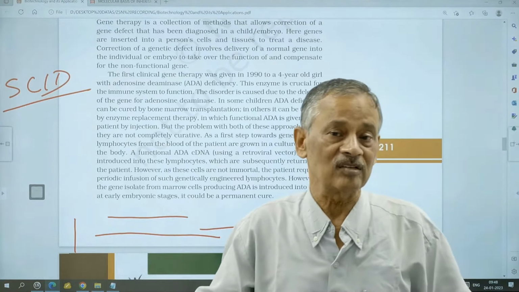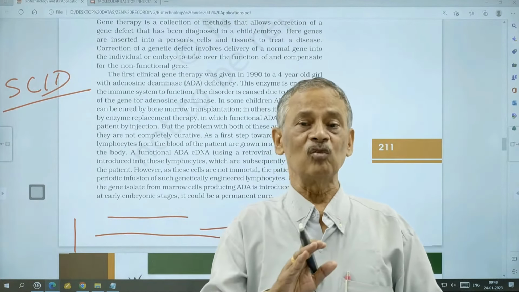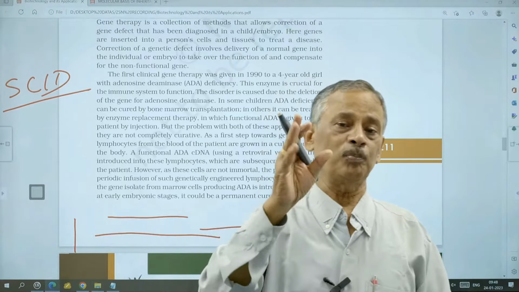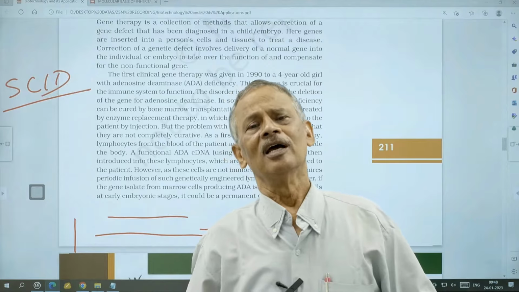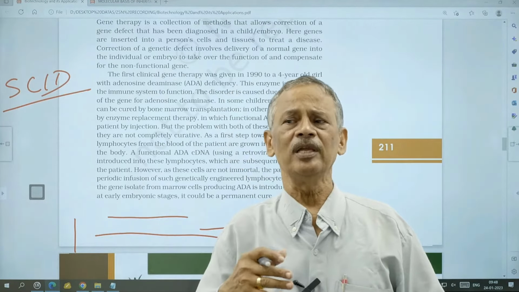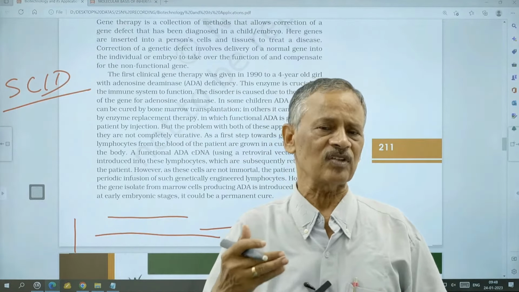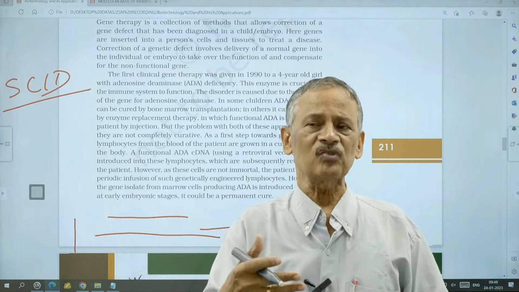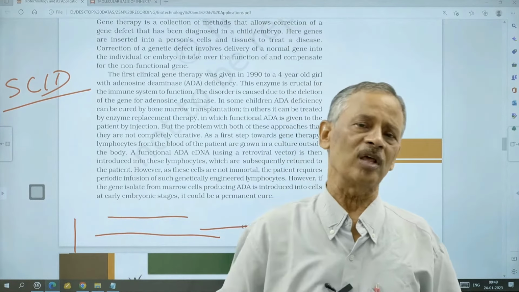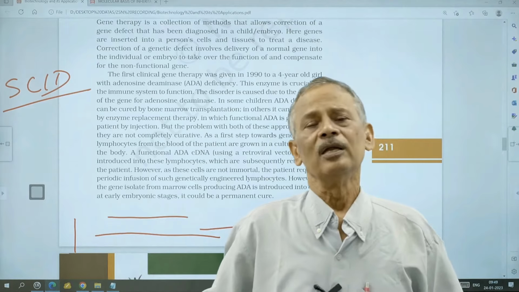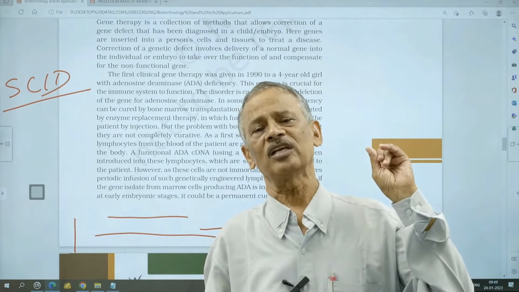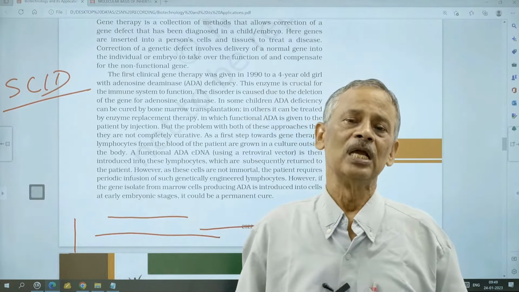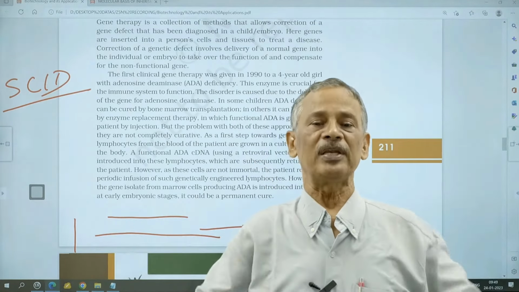But again, there is a problem. Lymphocytes will live only for a short period. They are not immortal. Our blood cells will be replaced by new sets of cells after some time. So these treated lymphocytes were also replaced by new ones, which again have the same problem. They were also lacking the ADA gene. So again the treatment has to be repeated.